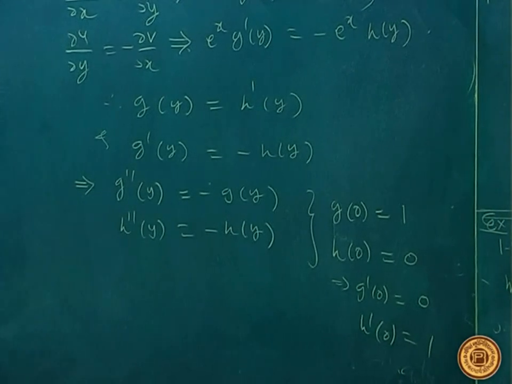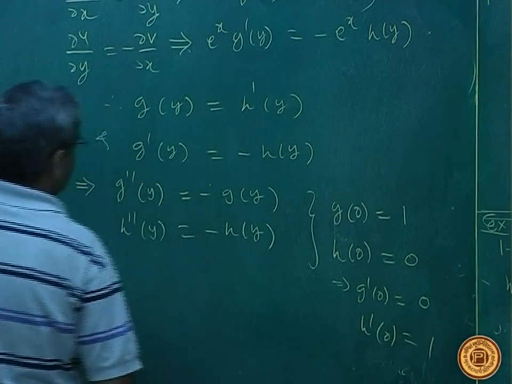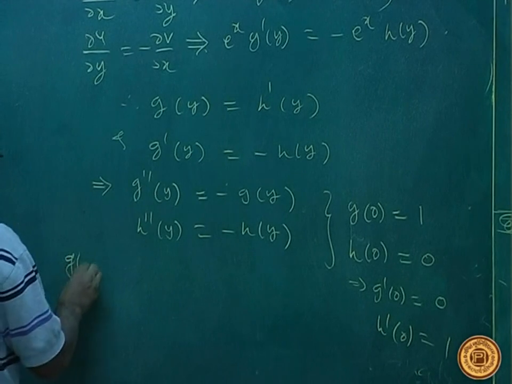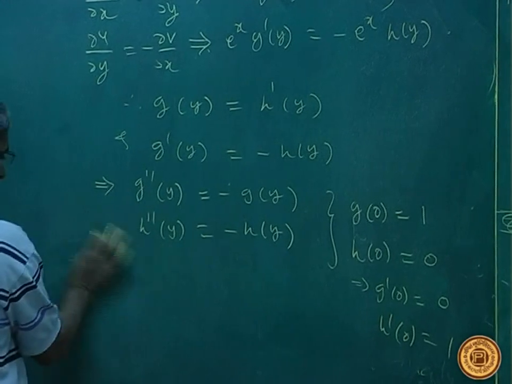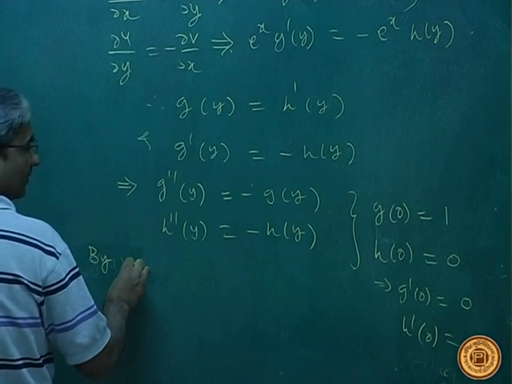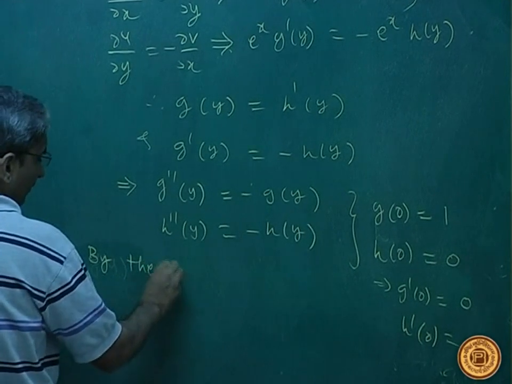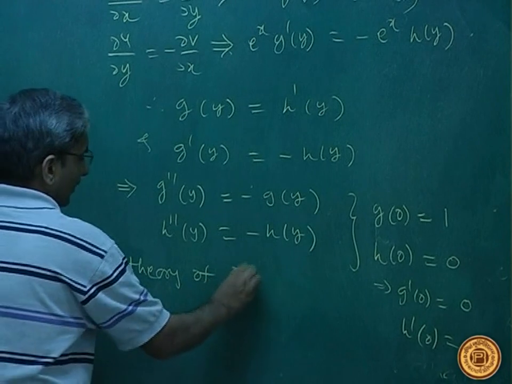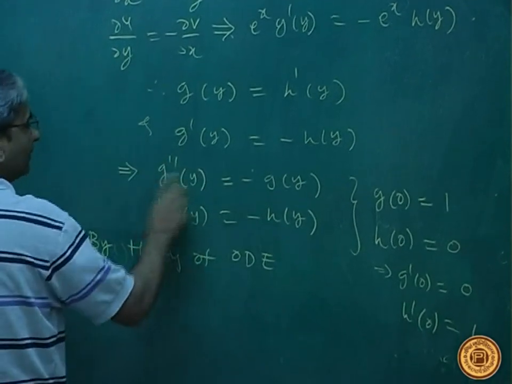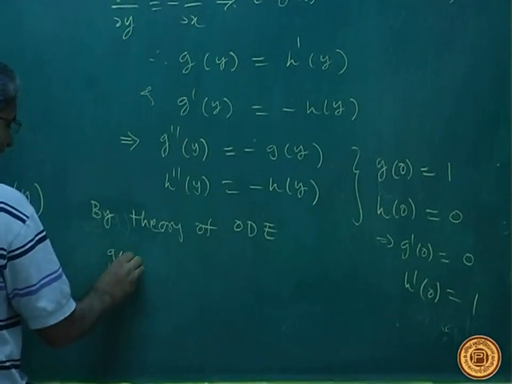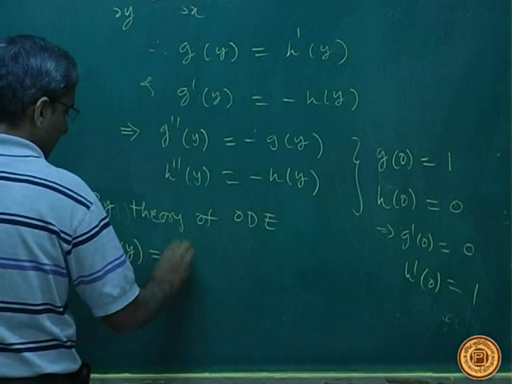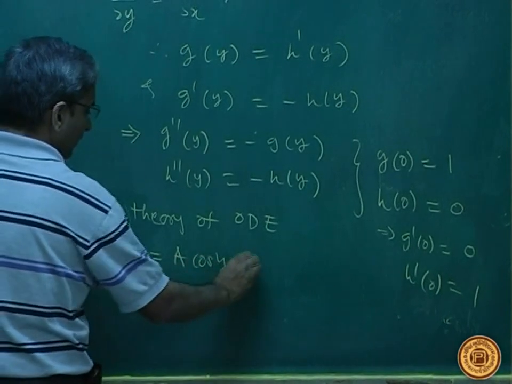And further we know that the solution is of the type, by the theory of ordinary differential equations that you have done in second year BSc, that gy is always of the type a cos y plus b sin y.